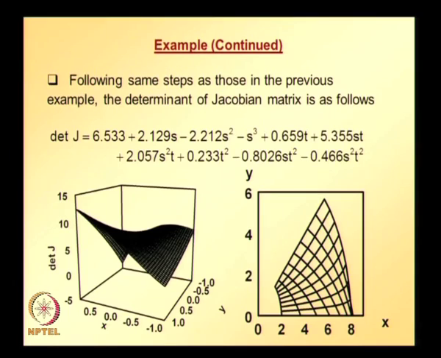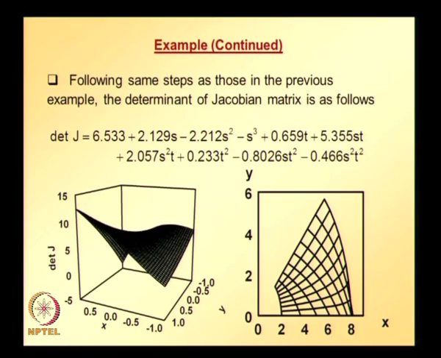Similarly, for a 4 noded element, if the angle between the sides of the element is very small or very large, we have also seen there is some problem with mapping.